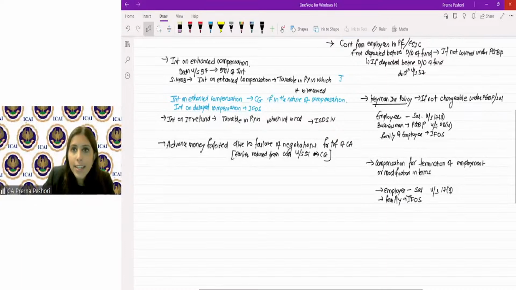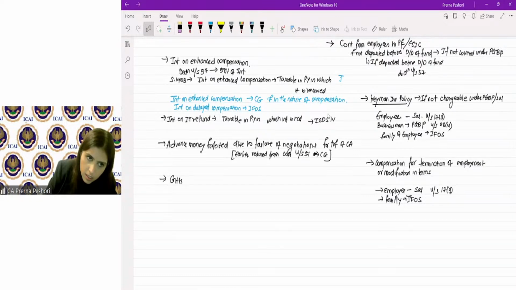Now, what else is covered here? Gifts under section 56(2)(x). This is specifically covered under income from other sources. Shares issued at premium under section 56(2)(viib).